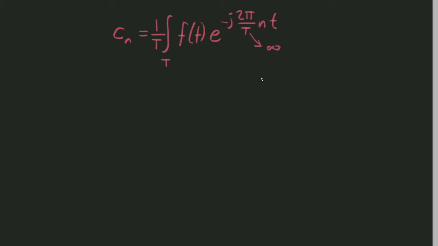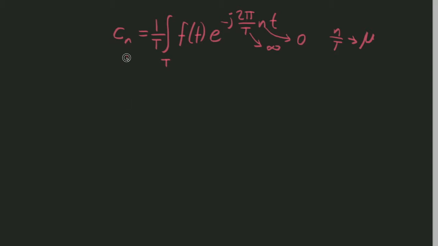And we have seen that as we push this period to infinity, coefficients get closer to each other. So n over T approaches a continuous value mu. So now we are ready to derive the continuous Fourier transform instead of Cn's.